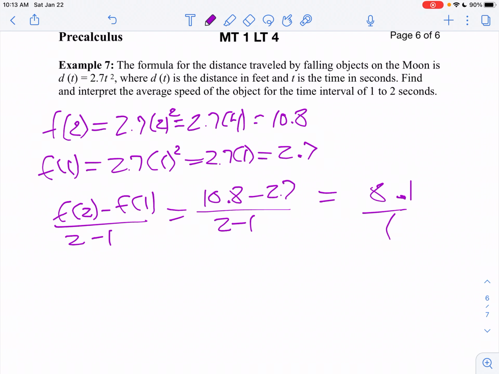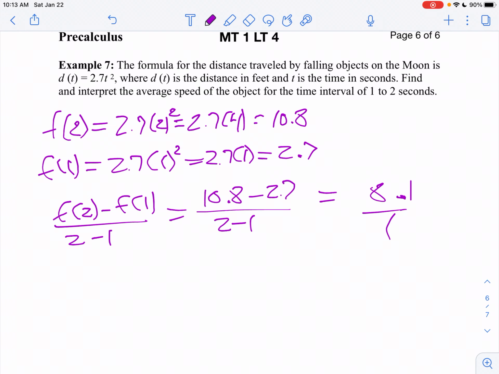Now, interpret that. Interpret really means include the units. So notice, average rate of change, I'm comparing my d of t, which is feet, and my time, which is seconds, so it's feet per second. So I'd say it's rising because it's positive.